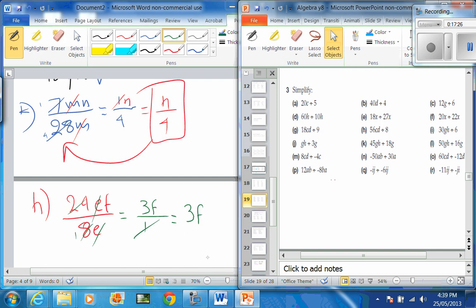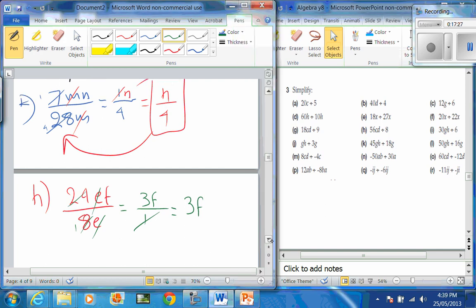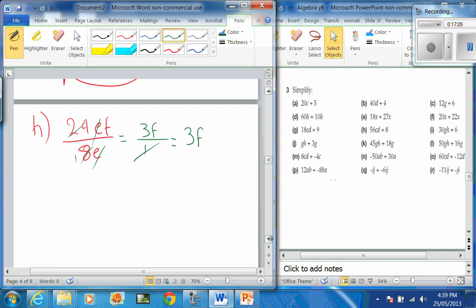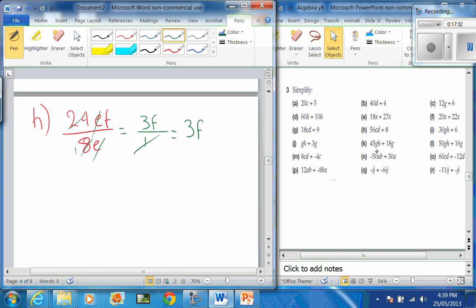Let's do the next one from the next column, the next list you have in your PowerPoint and for the iPad. Let's go how we work there. 45, I'm reading K. 45GH divided by 18G. It's a little bit more complicated because I have to write as a fraction.